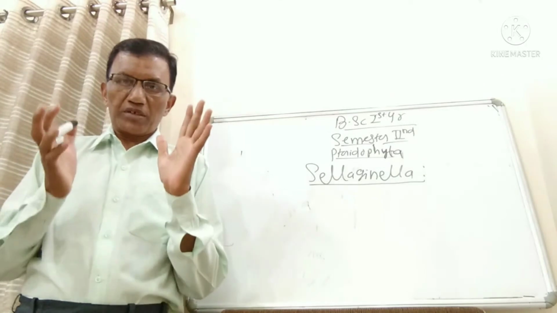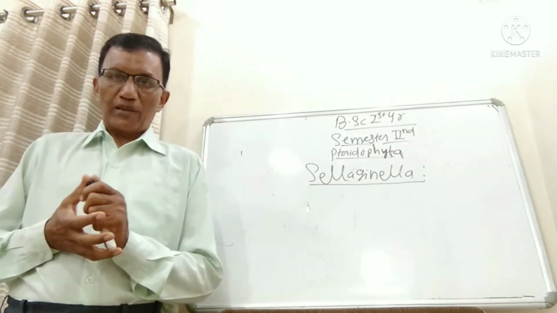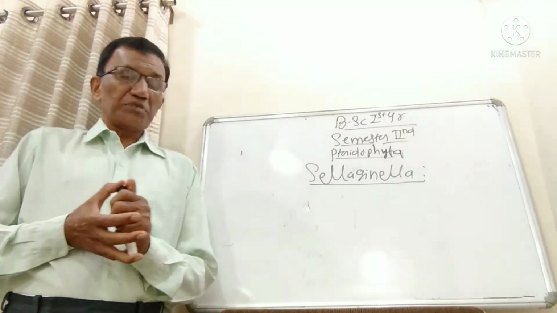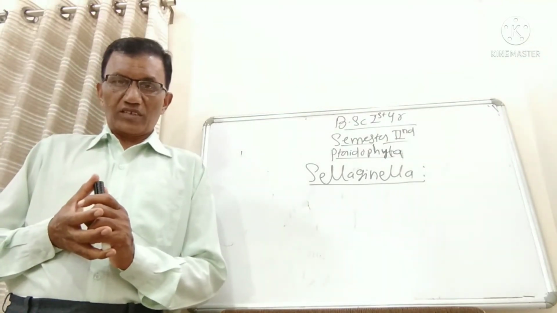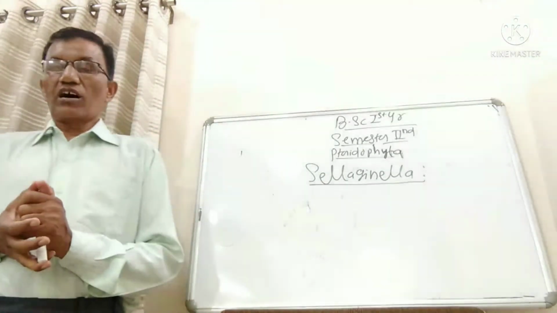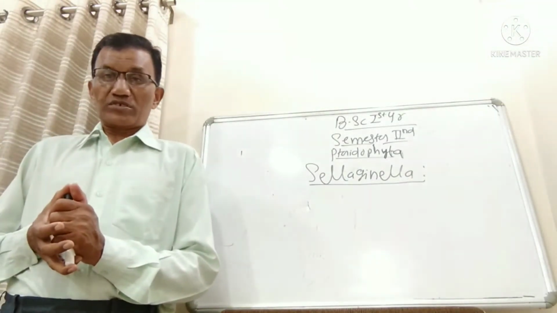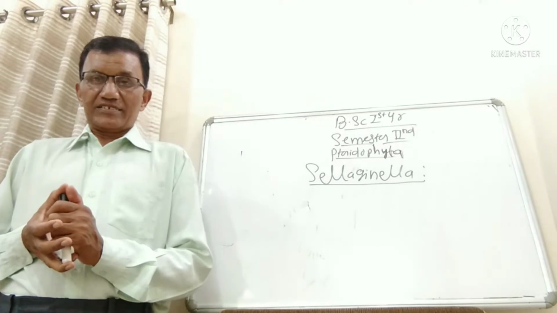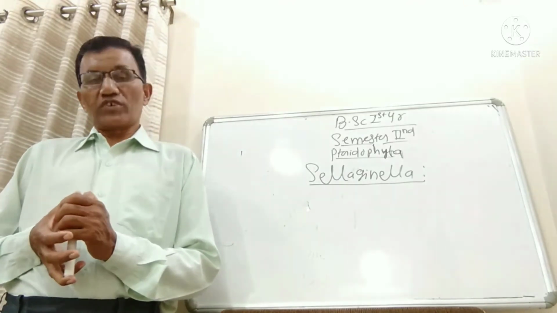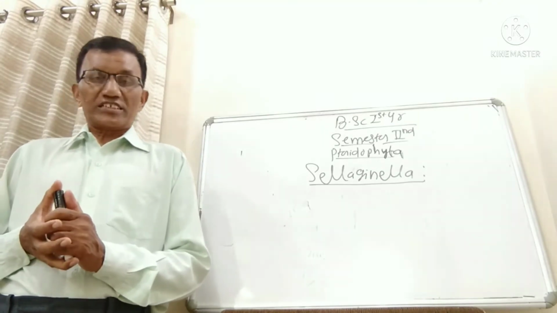You just have to remember certain important points. While describing the occurrence, it is one of the biggest genera, consisting of near about 700 species occurring throughout the world. They are cosmopolitan in their distribution.